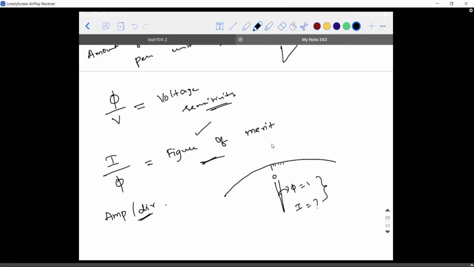Means to exactly produce a deflection of 1 unit, how much current am I supposed to pass through the galvanometer is what we call figure of merit. And you have this experiment in your practicals. You will be doing an experiment based on this. Okay. So these are the basic steps with respect to a moving coil galvanometer.